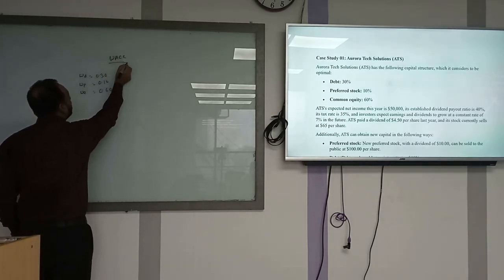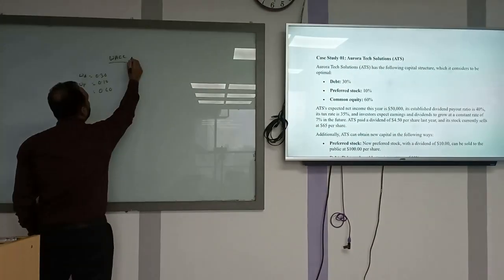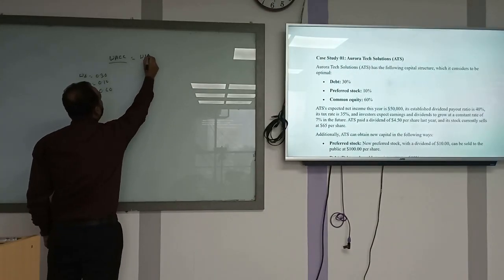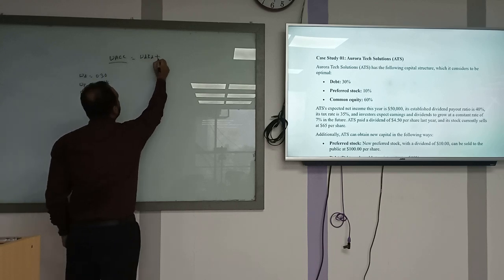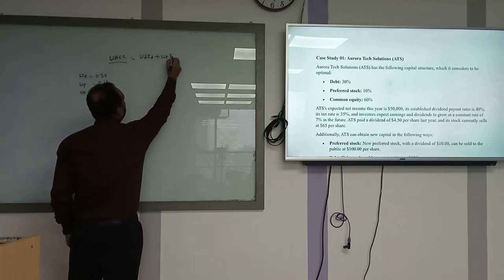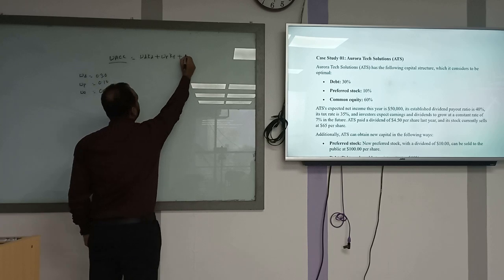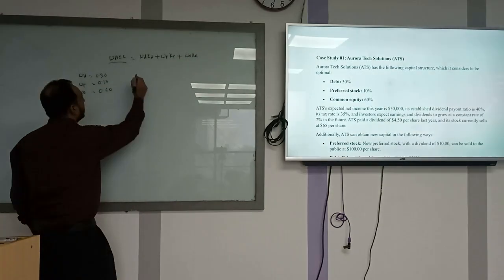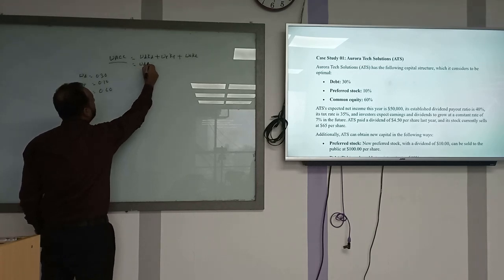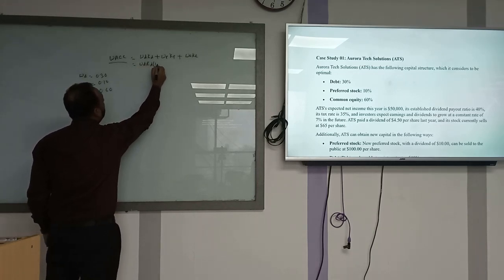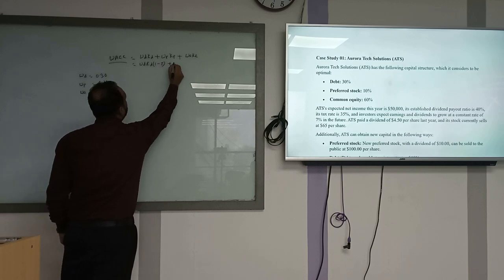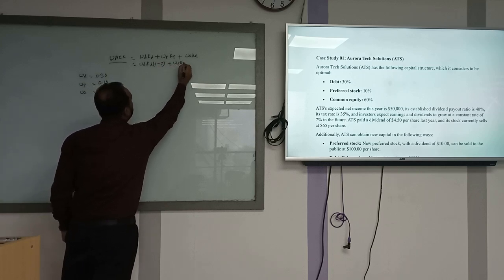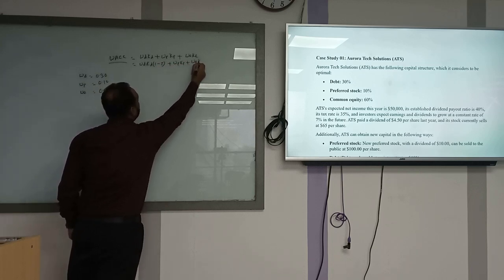WACC, weighted average cost of capital. So formula কি? WD KB plus WP KP plus WE KE, right? So এখানে একটা করা যাবে: WD KB (1 minus T) plus WP KP plus WE KE.